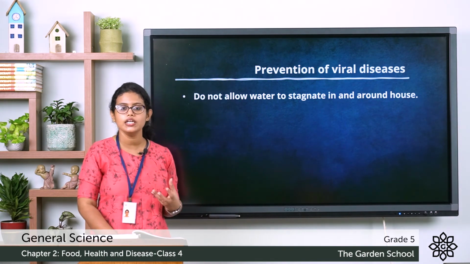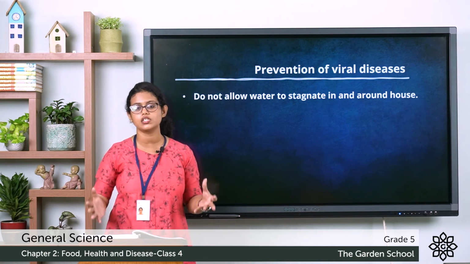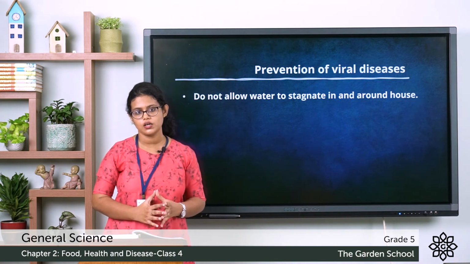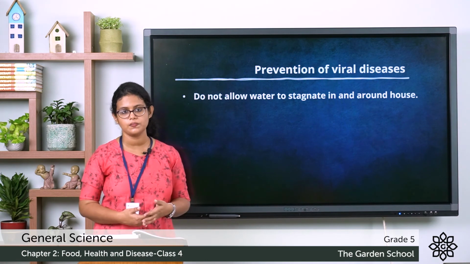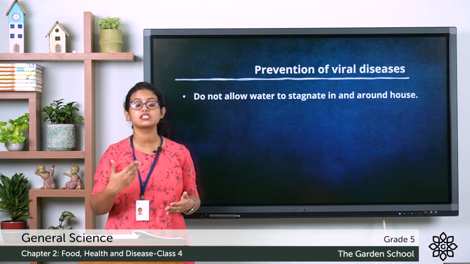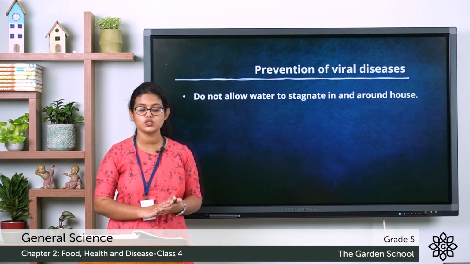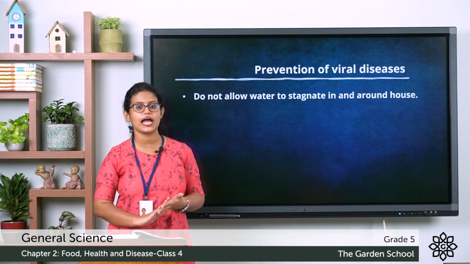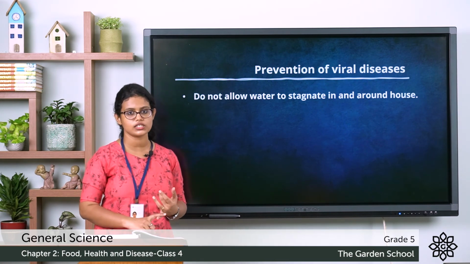That is very, very important. You should not let water collect in your surroundings because mosquitoes lay eggs in it, and soon they become harmful mosquitoes and cause diseases.